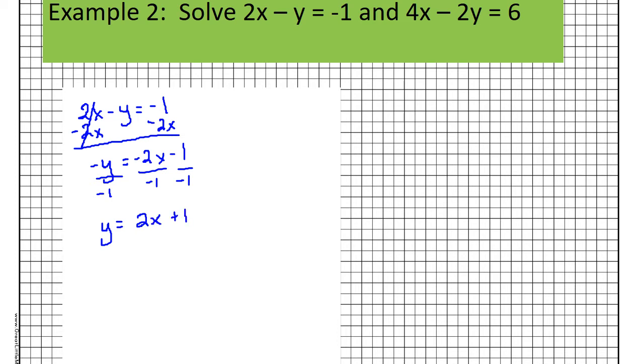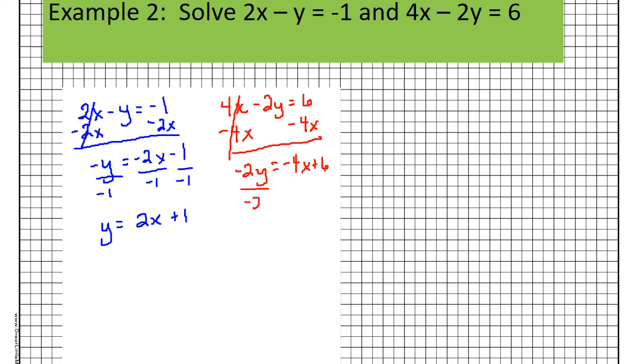So now let's look at the other equation. We've got 4x minus 2y equals 6. We're going to subtract 4x from both sides. That gives us negative 2y equals negative 4x plus 6.